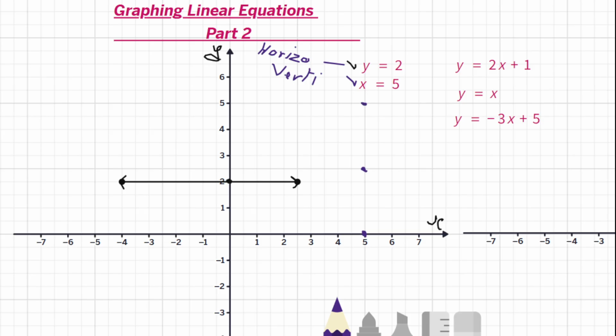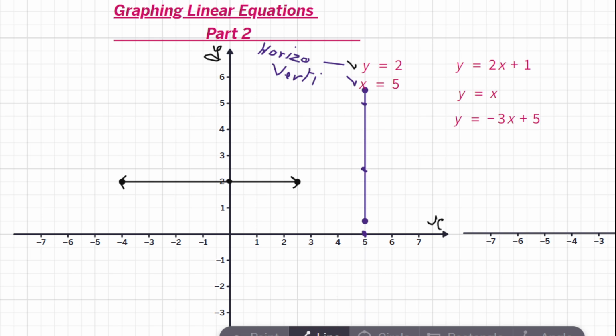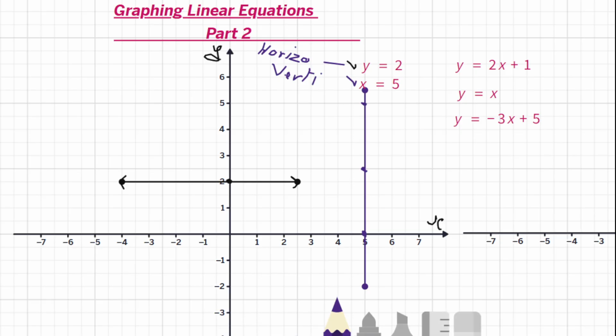What's here? X is also 5. So our nice line will be a vertical line like that. So this line here is x equal 5. We did both of these. Whenever the question asks x equal 5, 9, negative 2, it's a vertical line. Y equals 2, negative 10, whatever, it's a horizontal line.